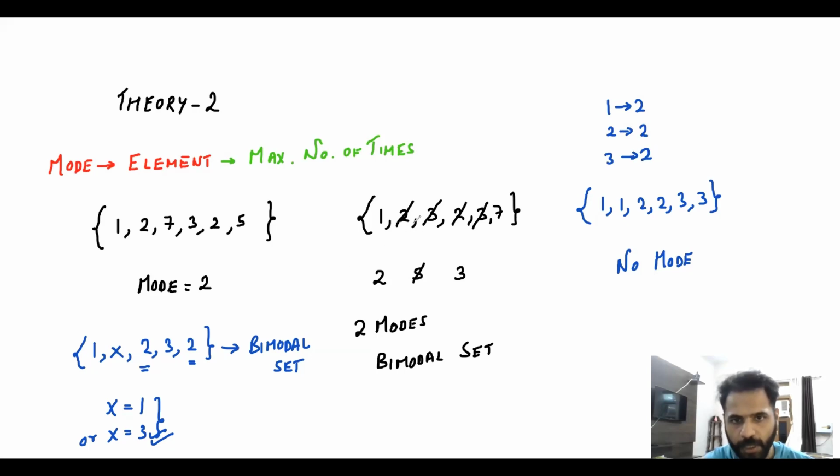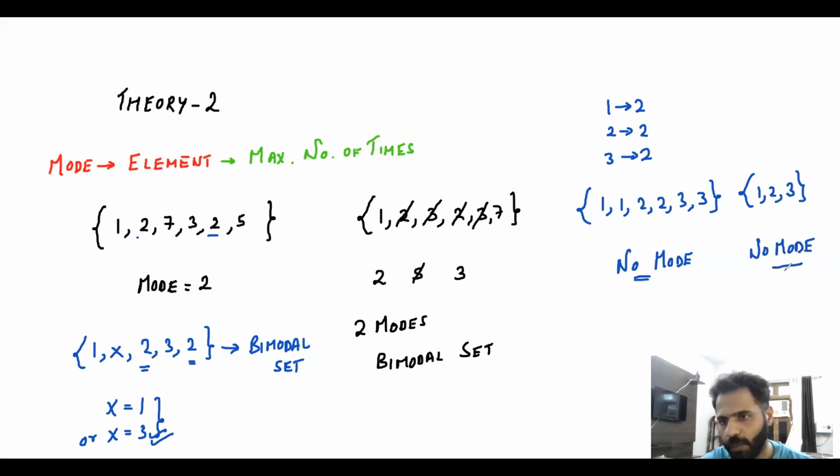In the bimodal set, 2 and 3 both occurred more than 1 and 7, so they were the modes. Here 2 occurred more than 1, 3, 7, 5, so it was the mode. But here nobody is occurring less than 2 times. There is simply no mode. For a set like this, 1, 2, 3, everything is occurring the same number of times, you have no mode.